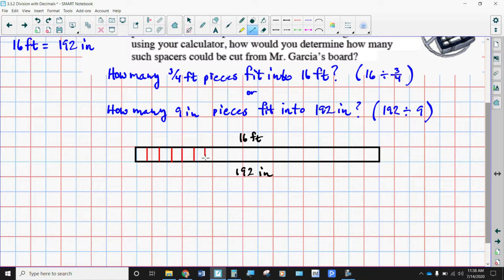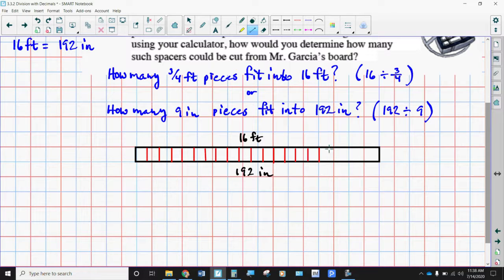3/4, 3/4, 3/4, 3/4, another set, 3/4, 3/4 puts us to the halfway point, another 3/4 puts us to the quarter point, and then here we've got 3/4, 3/4, 3/4, 3/4.